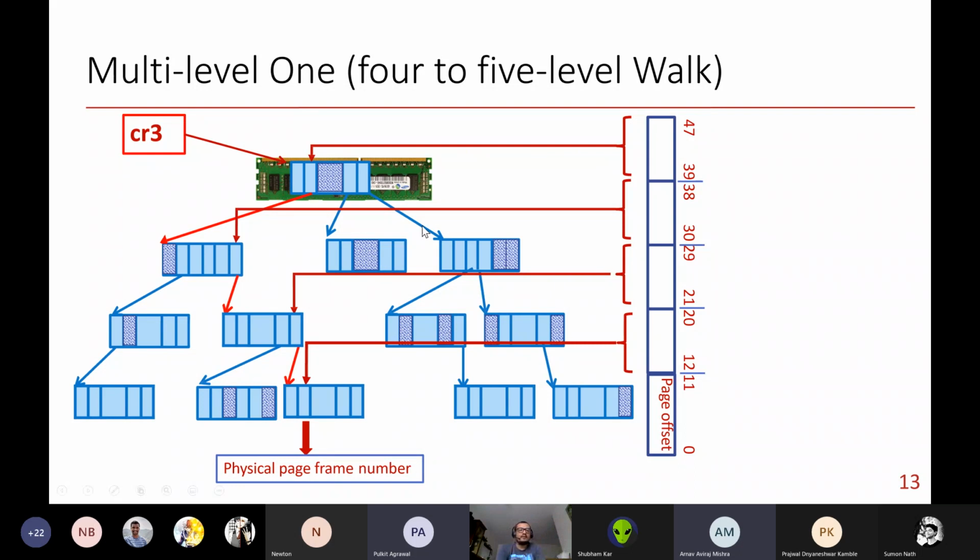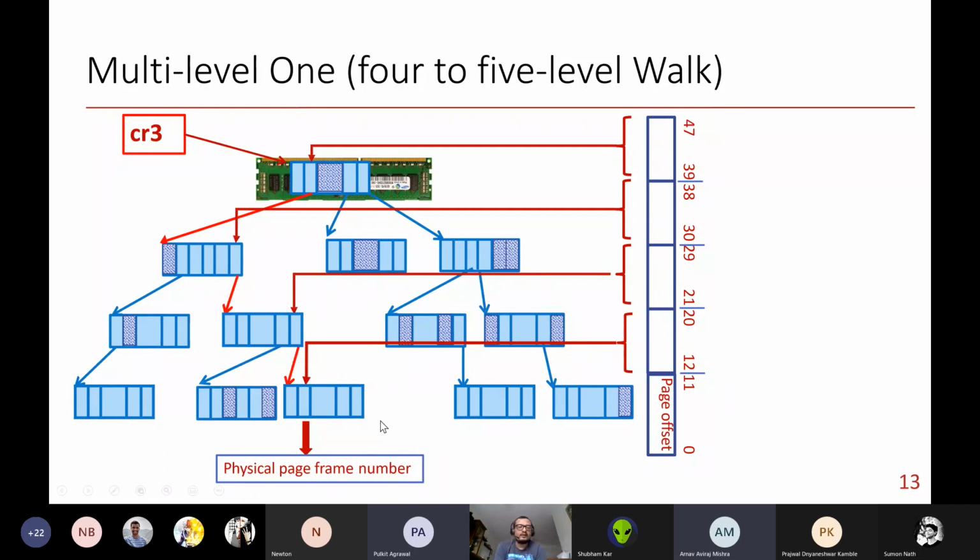So as you can see, you are indirectly going to memory 5 times just to convert a virtual address into a physical address. And depending on how huge the data footprint or how irregular the access patterns are, it may take thousands of cycles just to convert a virtual address to a physical address.